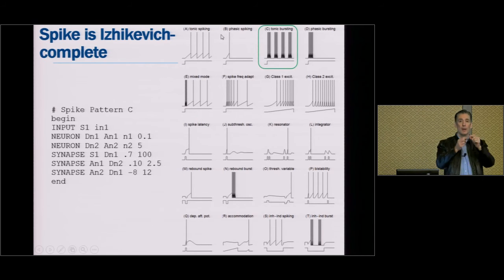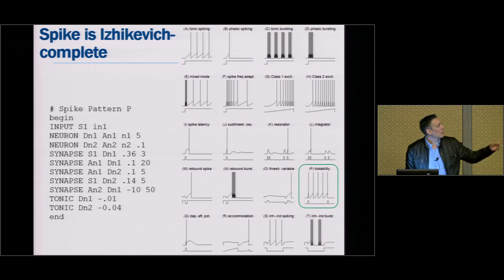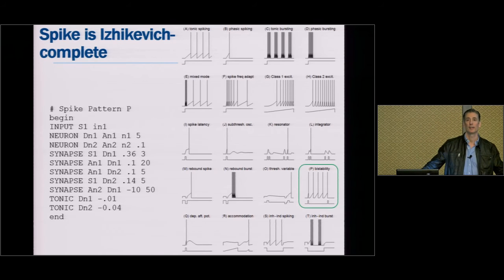If you're willing to put enough little circuit elements together, you can make patterns that visually match exactly the patterns that he showed. So it can be done. That's spike pattern P, the one with bistability. A pulse comes in, the same pulse that turns the thing on can also come in and turn it off. Okay, well, it took 20 minutes to figure out how to do that, but it can be done.